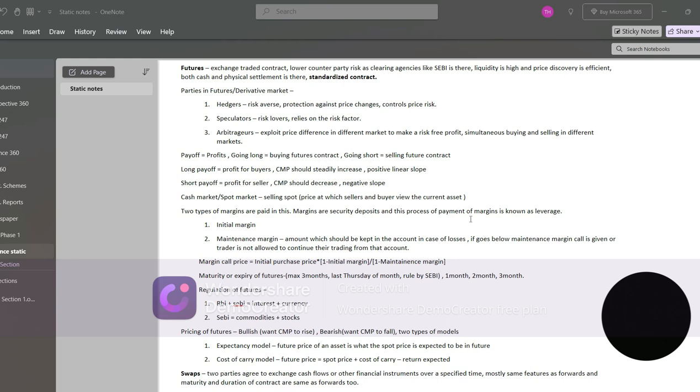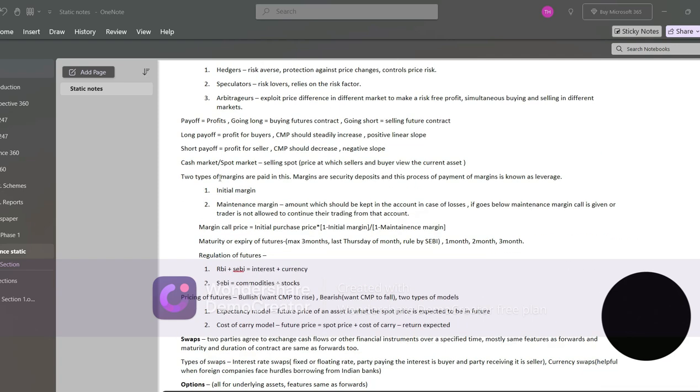The two types of margins are basically connected to the trading account of the person involved in this buying and selling process. The initial margin is the amount of money that the person should have in his or her account to initially start the trading.